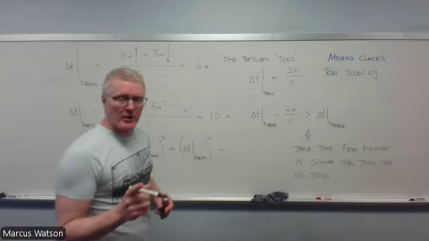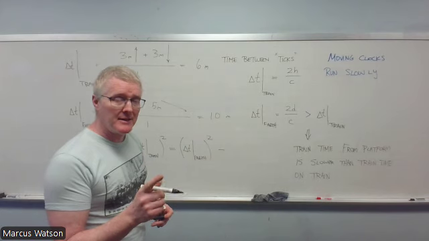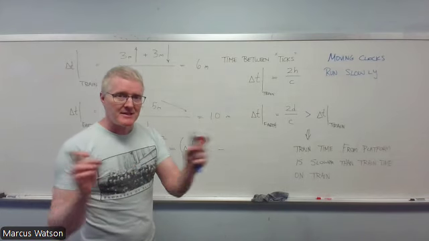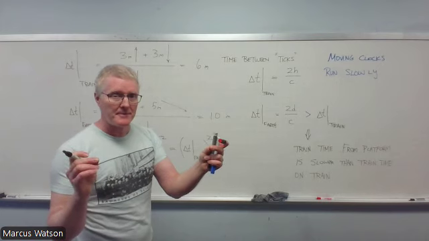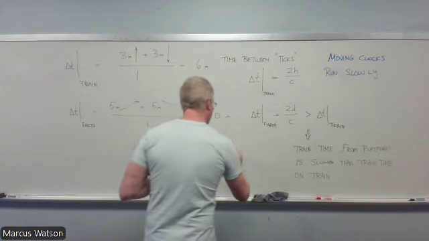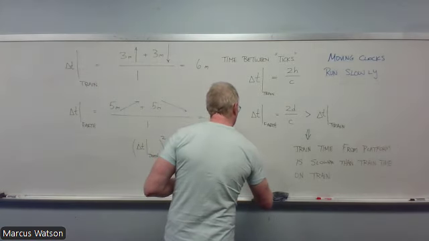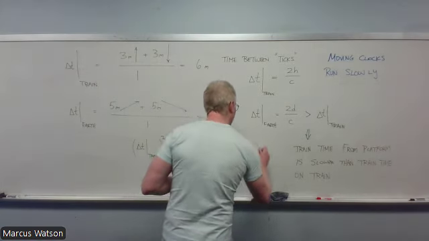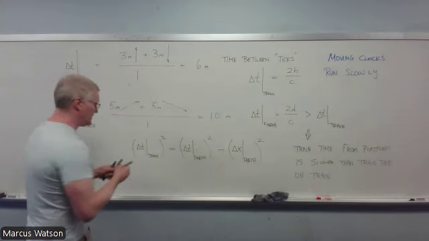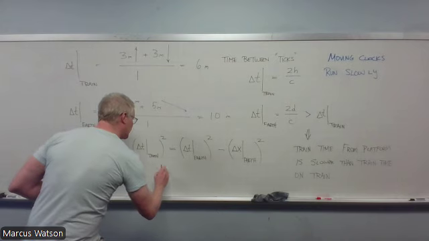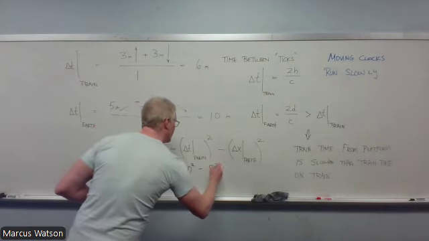But that 8 squared, what is that? The 8 squared turns out to be the distance that the train must have traveled in that time. That turns out to be delta x as observed from Earth, squared. Right? So this turns out to be 6 squared equal to 10 squared minus 8 squared.